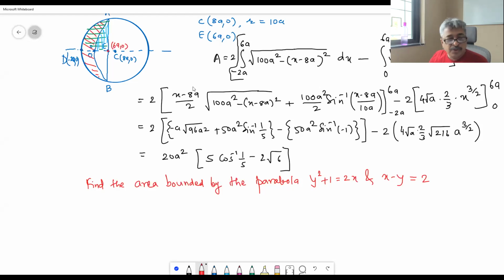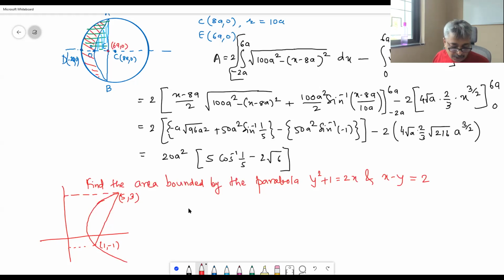Now, the first thing that you need to notice is this is a horizontal parabola and a straight line, something like this. So it is better to consider y as the independent variable and x as the dependent variable. Therefore, these 2 points you will get are 1 comma minus 1 and 5 comma 3.